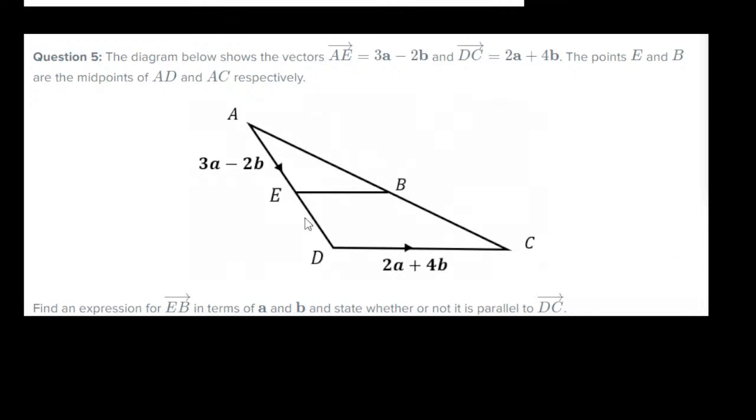So one thing is clear: as E and B are the midpoints, in geometry you might have worked out the midpoint theorem, where it says that if I join the midpoints of two sides, then it is parallel to the third side. So it is parallel, but we have to work it out from the vector point of view. So AE is given, from A to E, and DC is given.